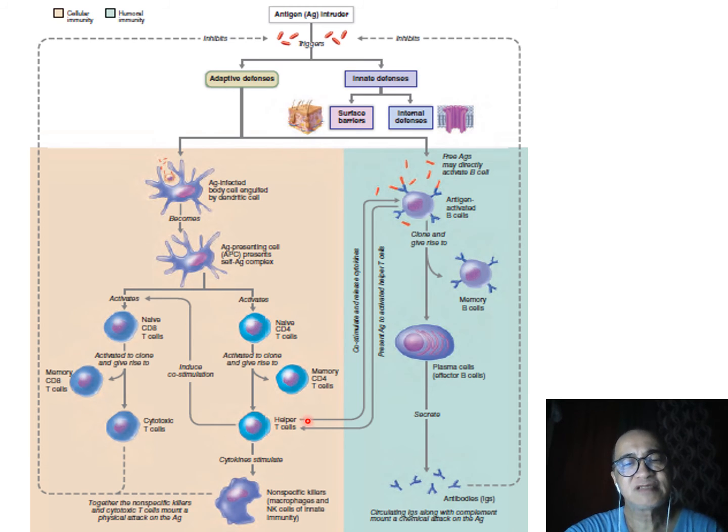The helper T cells can also send signals to the B cells as they are activated by the encounter of antigen. It enhances their activity and transforms them into antibody-secreting plasma cells. The activated B cells can also send signals to helper T cells that can also coordinate the immune responses in the body.